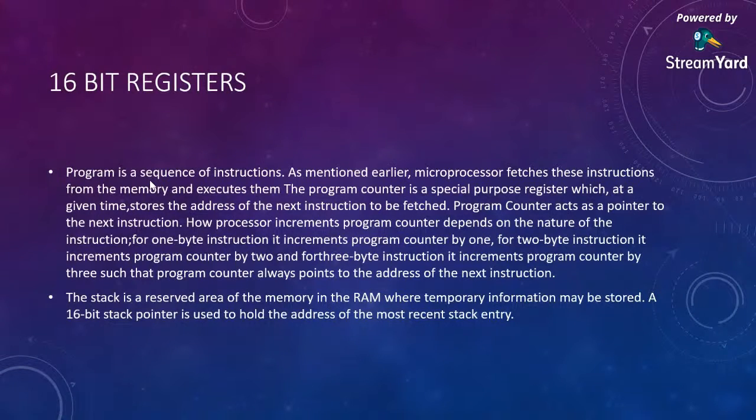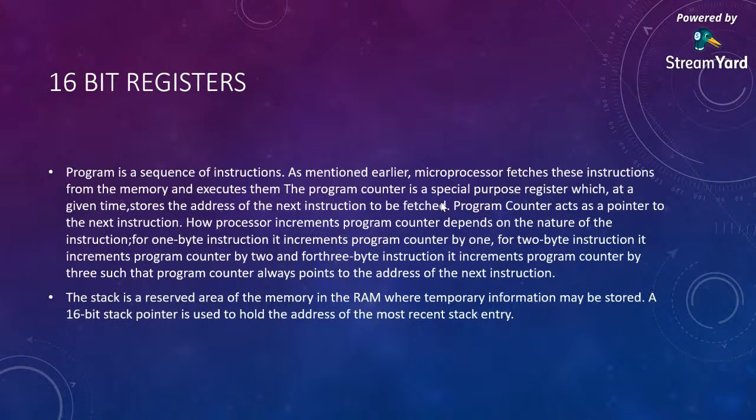So this is the 16-bit register. A program is a sequence of instructions. As mentioned earlier, microprocessors fetch the instructions from memory and execute them. The program counter is a special purpose register which at a given time stores the address of the next instruction to be fetched.